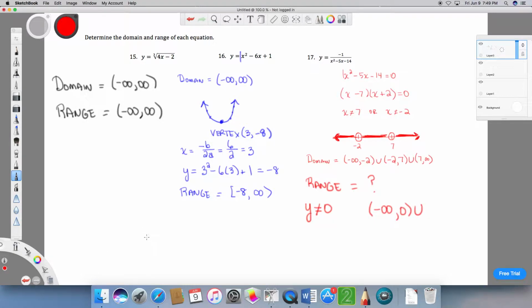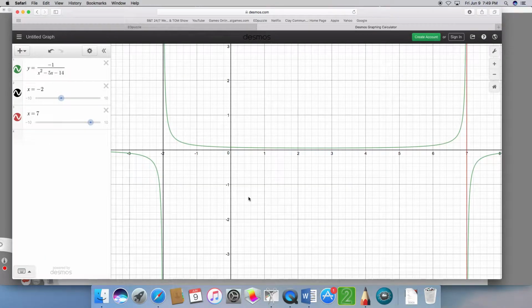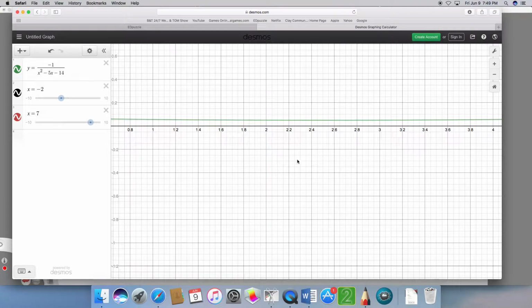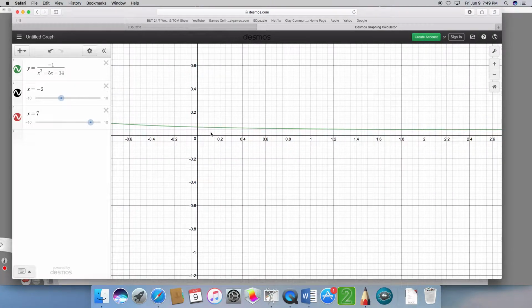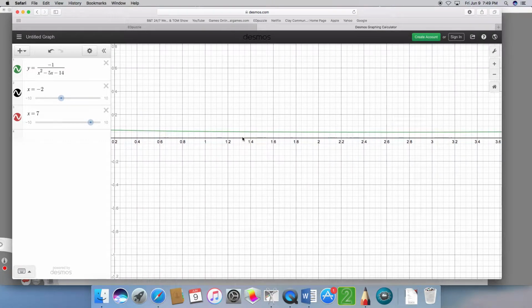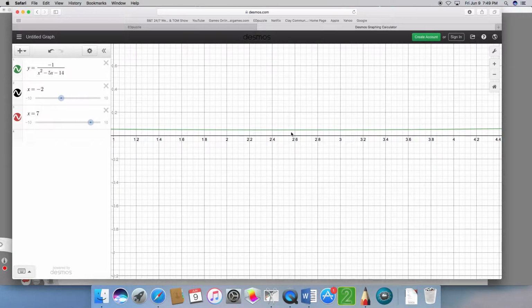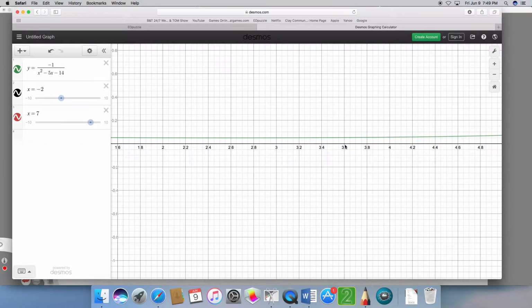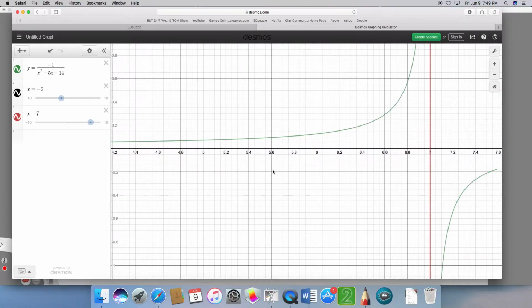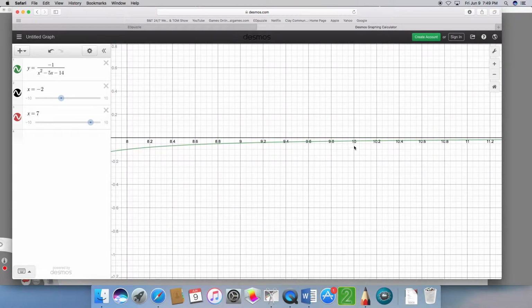But then I see that there's a portion of this graph that's above the x-axis, and I also see that right here there looks to be a gap, to where it's not getting infinitely close to the x-axis. Out here, this is getting closer and closer and never touching it.